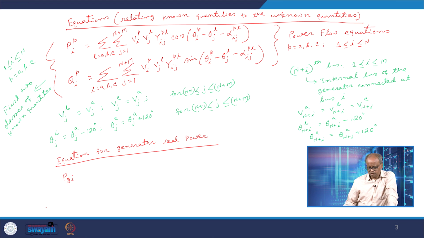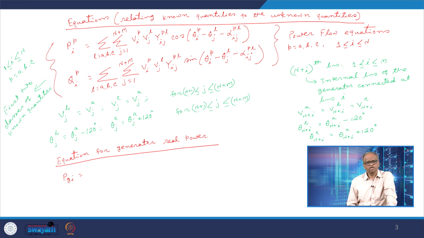Now, what we assume here is that once we have assumed an internal bus, please note, I again repeat that this internal bus doesn't exist physically, it is simply a kind of mathematical artifact or rather a virtual bus which is considered for the ease of our calculation.